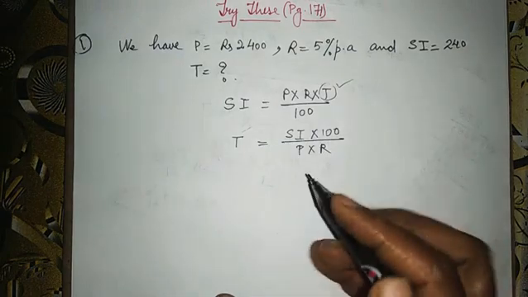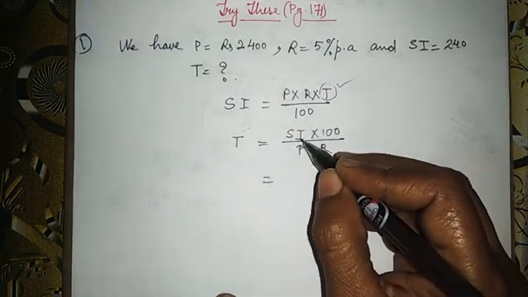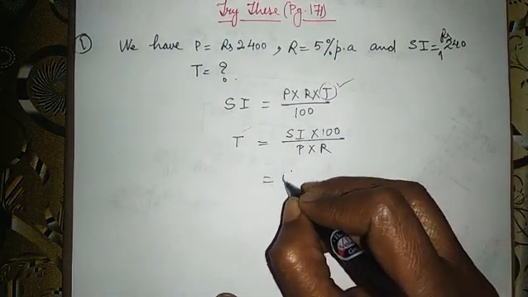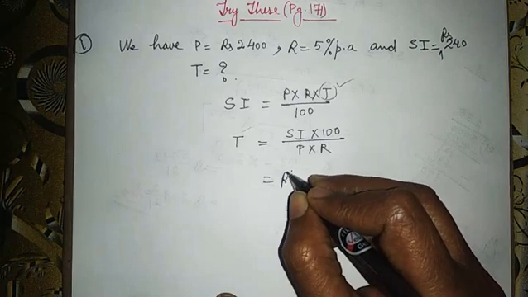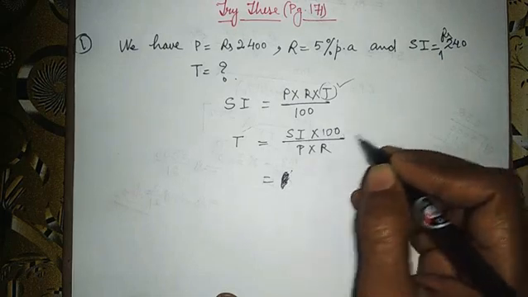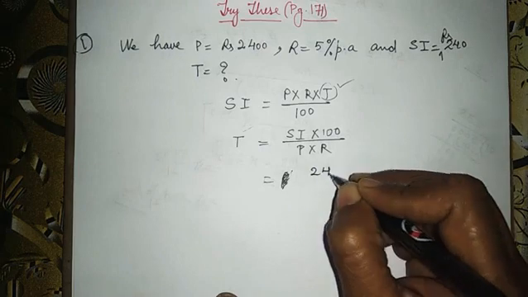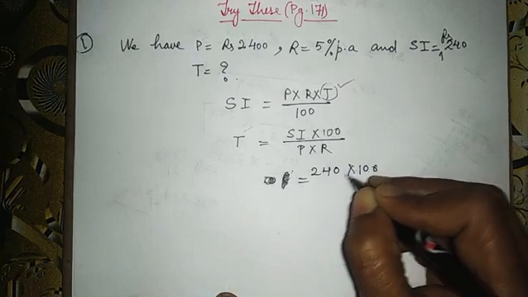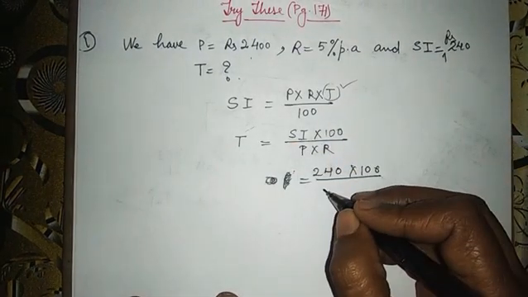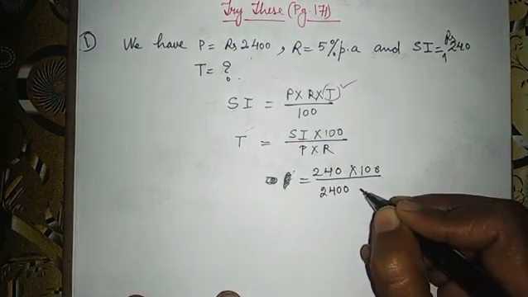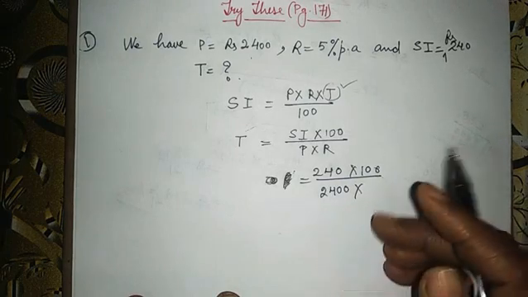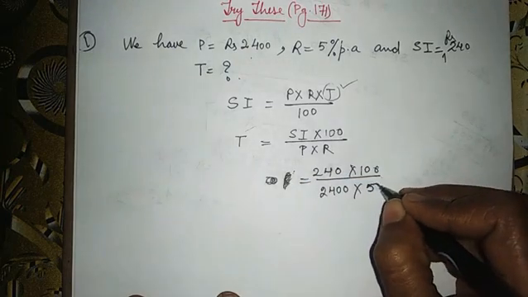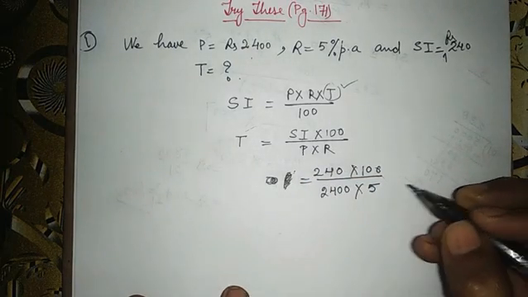Now see here, SI is rupees 240. Rupees we will not write here. SI is 240 into 100, and principal is rupees 2,400, and time we have to calculate. Rate of interest is 5%. Now we will reduce it.